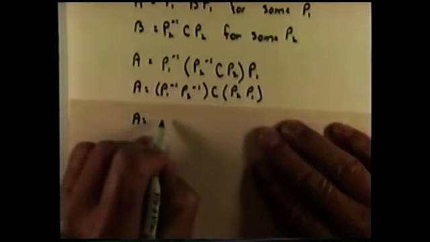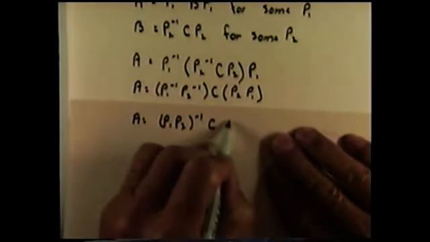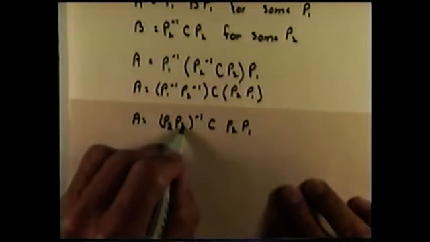Now, from the properties of inverses, I know that P1 inverse times P2 inverse is P2 P1 inverse. This changes the order of the inverses, from 1, 2 to 2, 1. If you go back and look at your property of multiplying inverses, P1 inverse times P2 inverse is P2 times P1 inverse.